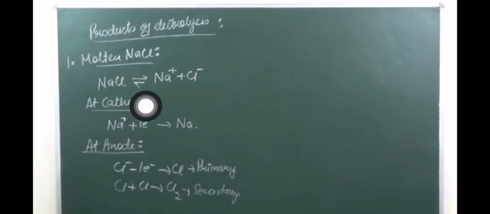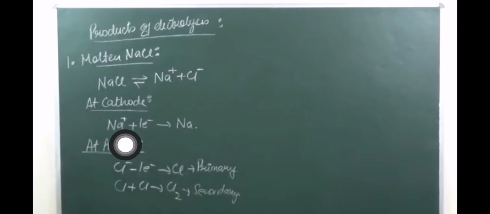NaCl will be dissociated into Na+ ion and Cl- ion. So when NaCl is dissociated into Na+ and Cl-, what will happen at the cathode? Na+ will go there, receive one electron and form Na.